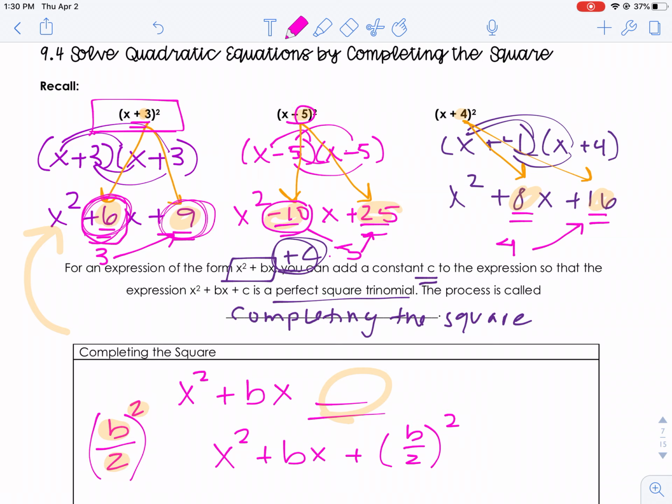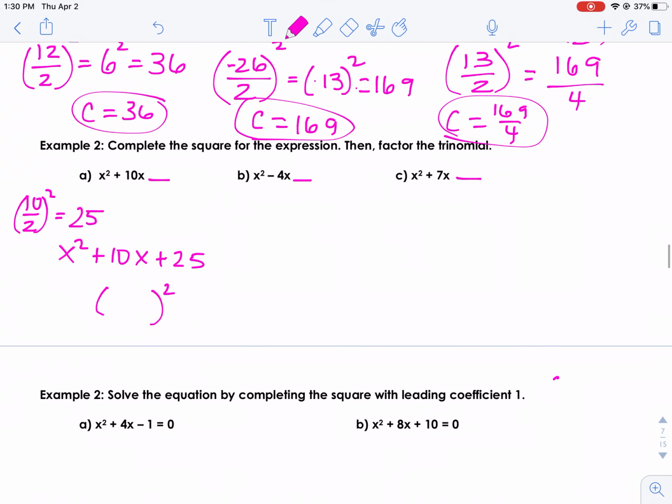Again, the minus 5 is half of that middle number. Our positive 4 here is half of that middle number. So that's what we can do to factor these. Because we're creating a perfect square trinomial, we know that it's going to factor into a binomial squared. So we can always follow this pattern. It's going to be half of our b value. So this would give us x plus 5 quantity squared.